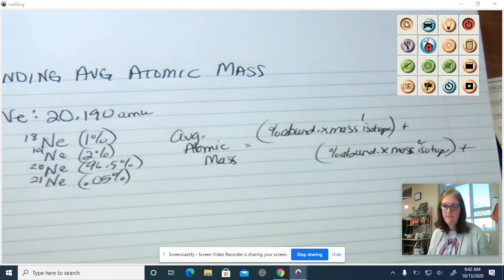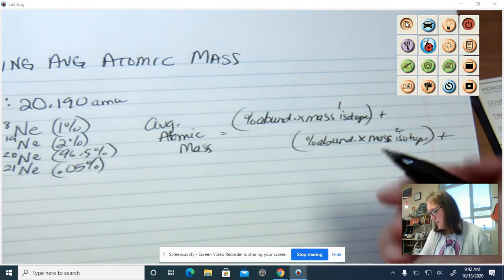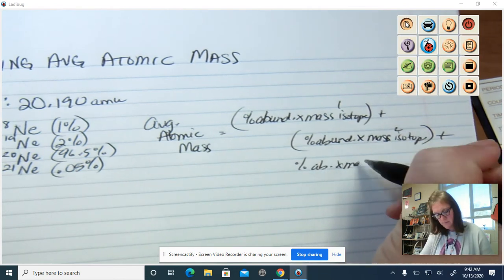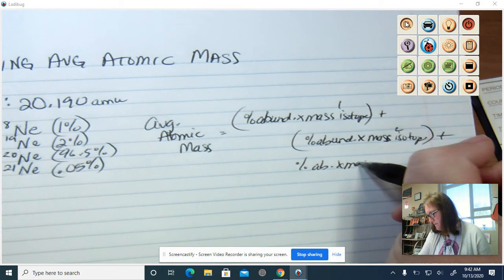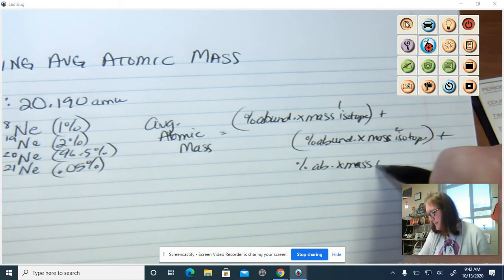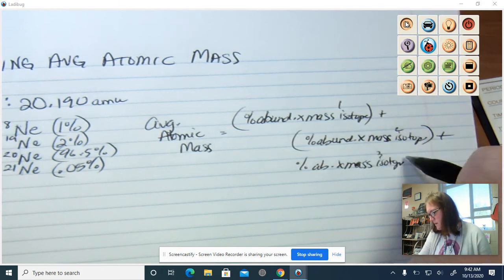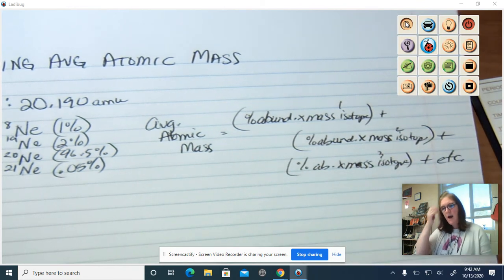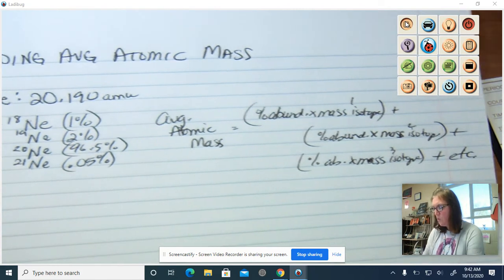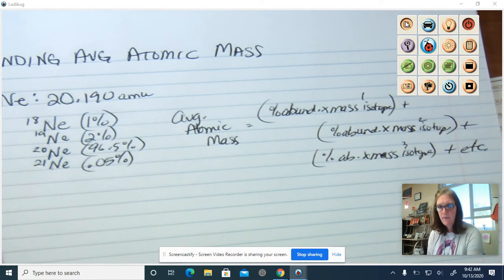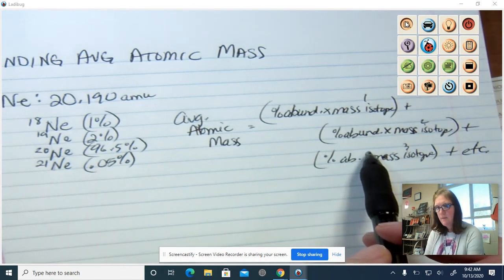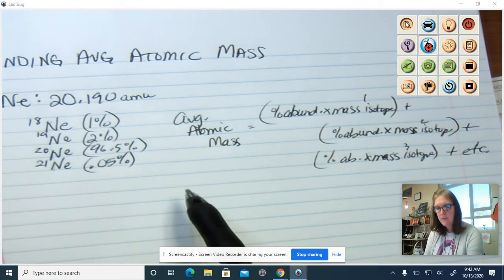And we're going to add it to the next one. And so you get the idea, right? You take the percent abundance times the mass of the next isotope, and then on and on and on. However many isotopes that you have, you keep doing that, okay? So we would go ahead and set this up with this formula in mind. So this is the general formula to find your average atomic mass.